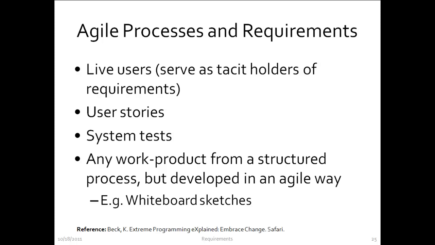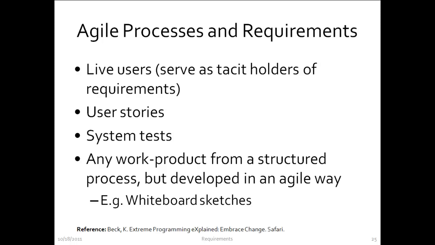When it comes to capturing requirements, the trade-off between structured and agile processes is that you're trading off less documentation for more shared tacit knowledge. Whereas with structured processes, you are putting more into documentation and trusting less on the shared knowledge of the people on the team.